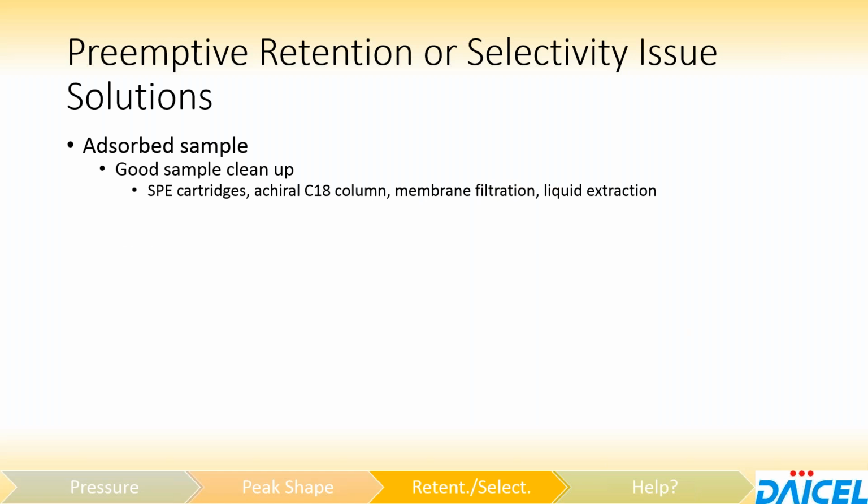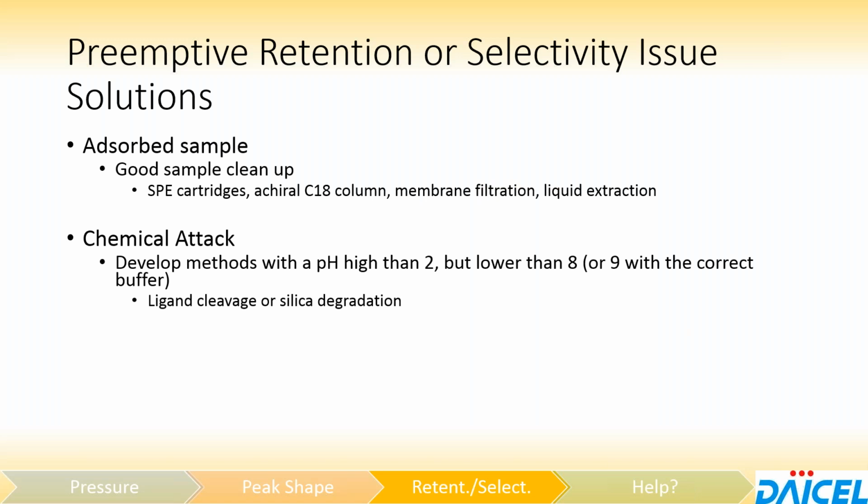particularly negative effects. For chemical attack, make sure that you're developing methods with pHs that are higher than 2, but lower than 8 or 9, as long as you're using the correct buffer. So if you have a pH that is lower than 2, so 1, anything less than that, that will actually cause the ligands to cleave off of the surface.